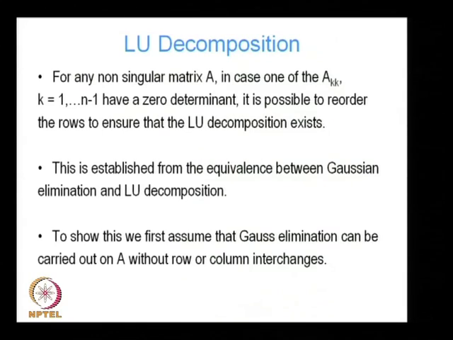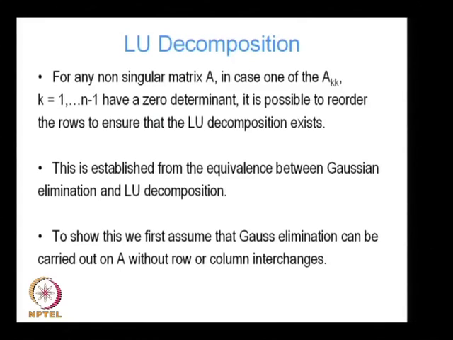How can we show this? Well, this can be shown from the equivalence. We can show that there is an equivalence between Gaussian elimination and LU decomposition. That is, if we perform Gaussian elimination on a matrix without any row or column interchanges, we are going to get very close to the LU decomposition, barring a minor modification.